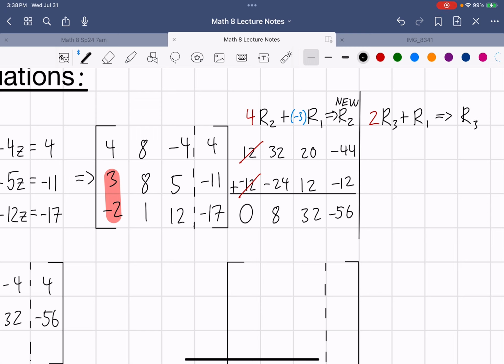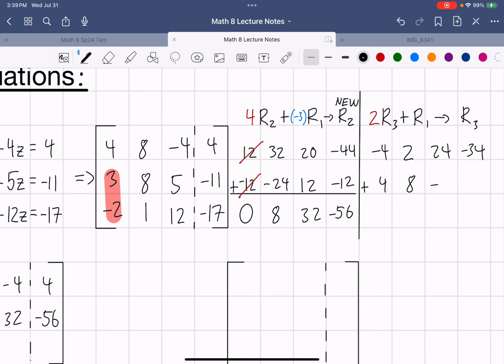So, remember, we're going to add them together. So 2 times negative 2 is going to be negative 4. 2 times 1 is 2. 2 times 12 is 24. 2 times negative 17 is negative 34. And then I just have to write the entire first row because I'm not multiplying anything. But when I add, I get exactly what I'm looking for.